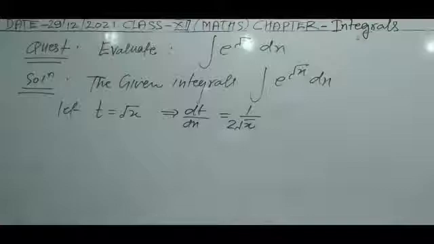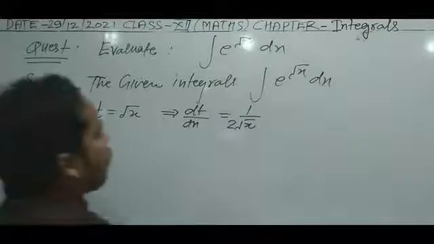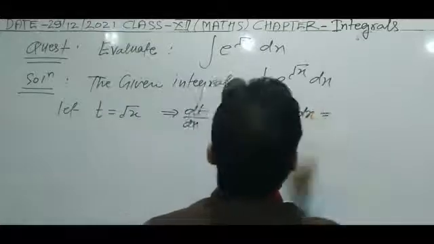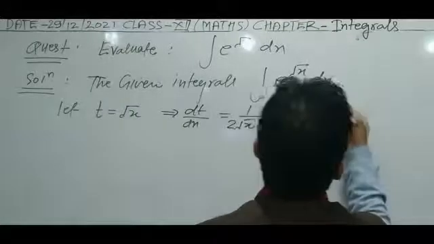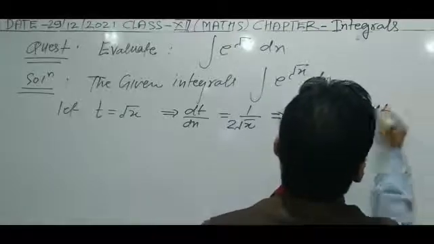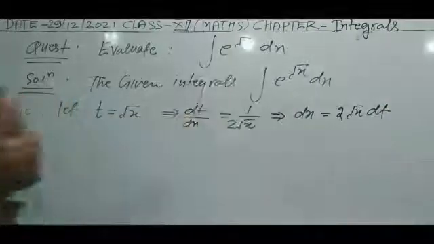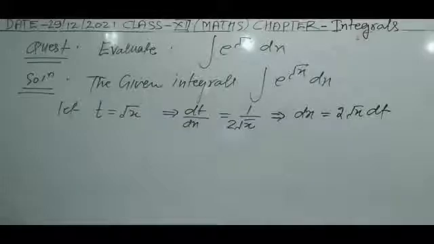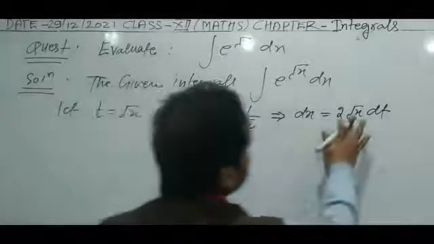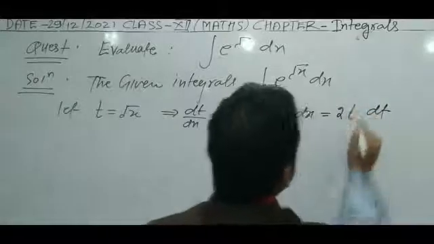So dx result, what we can write? This implies dx is equal to 2 root x dt, and root x result is t, so this will be 2t dt.